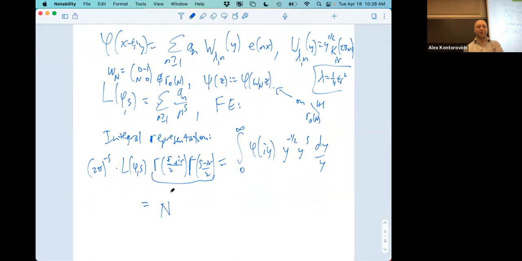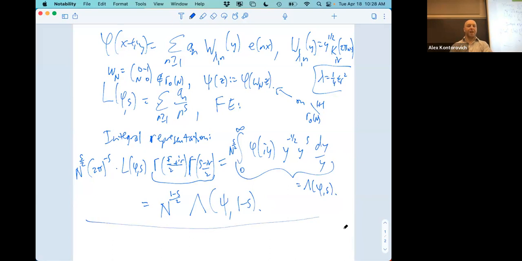So if we multiply both sides, I'm just reminding you what we did, by n to the s over 2, which means I have to multiply here by n to the s over 2, then on the other side, I'll get n to the (1 minus s)/2, and then the completed L function in exactly the same way, completed of psi, not at s, but at 1 minus s. This is the completed L function of phi at s. And this is the completed L function of psi at 1 minus s. And that's the functional equation.